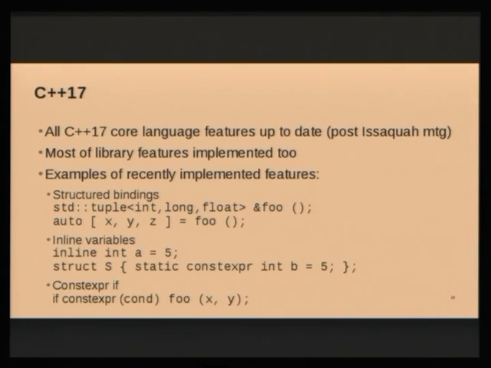In this case, it's a tuple, so it uses tuple_element and tuple_size to determine the number of elements there. And in this case, it initializes three variables. One will be int, one will be long, one float, to those values from the tuple.